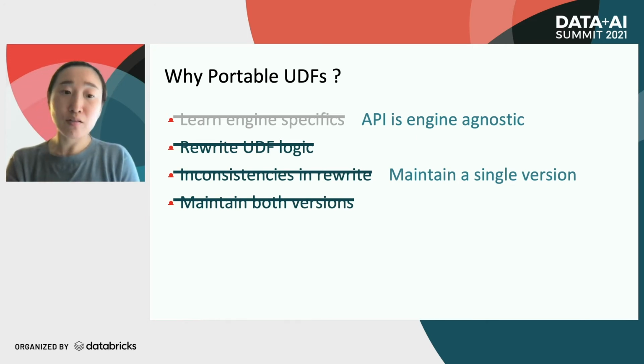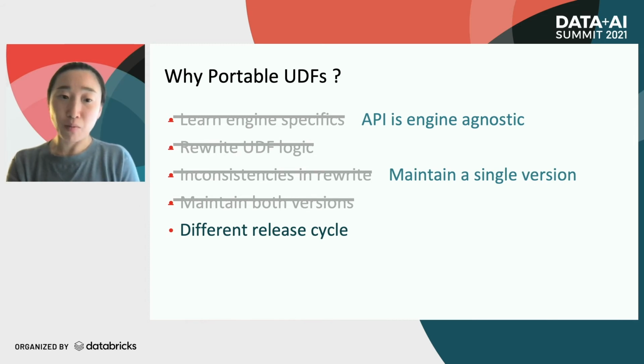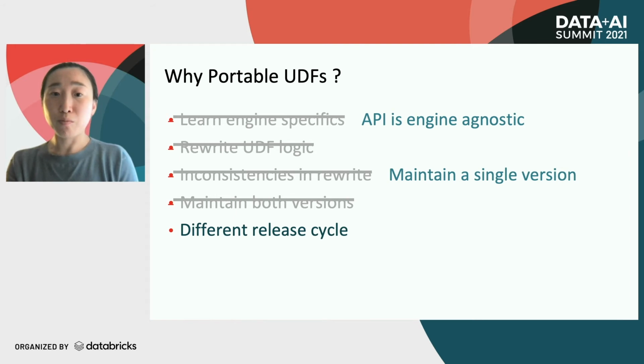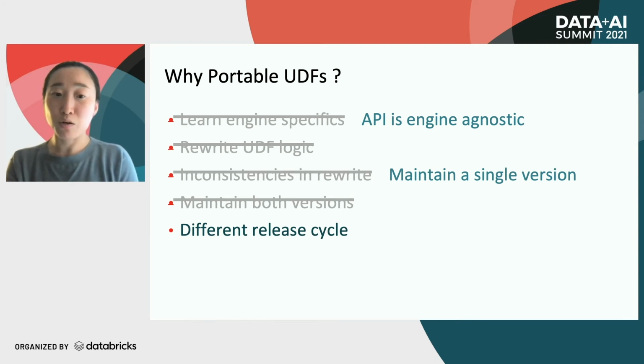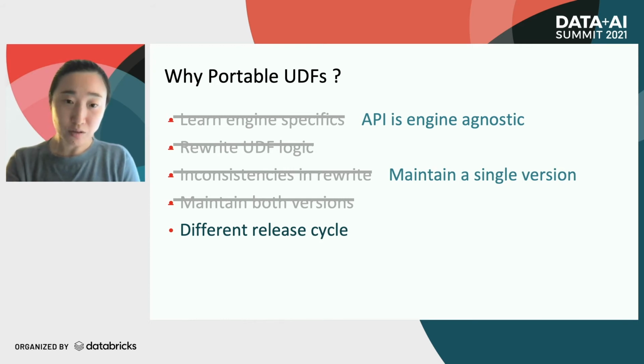And then another problem is the release cycle problem. How we solve this is, when users commit these functions, we will build packages, and this code base is maintained independently from the engine code base. The release cycle is also maintained independently of the query engines. The query engine would fetch these at runtime and load these libraries into its runtime.